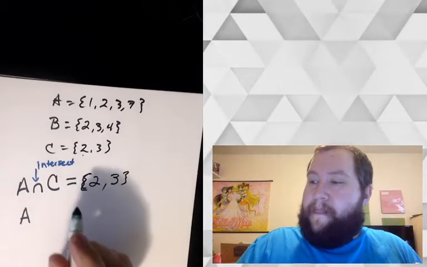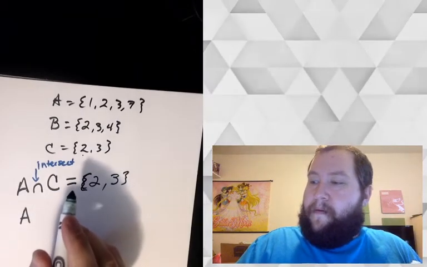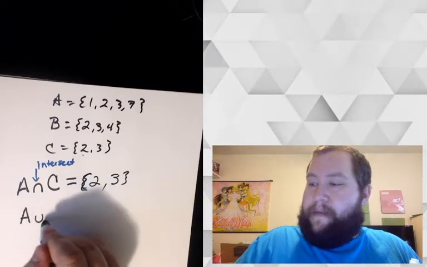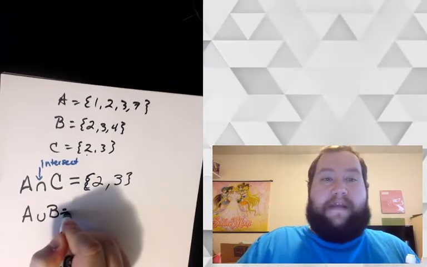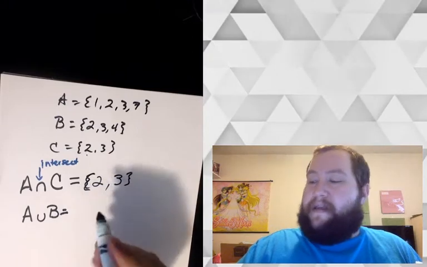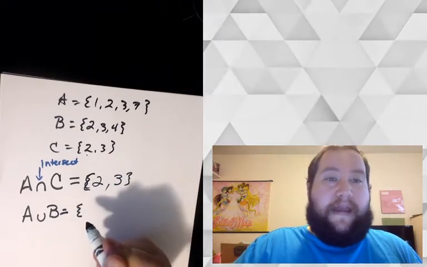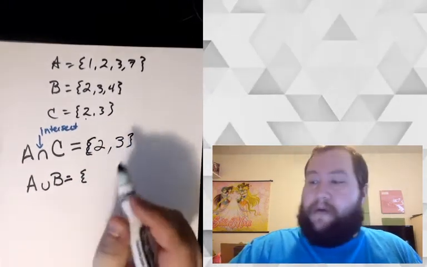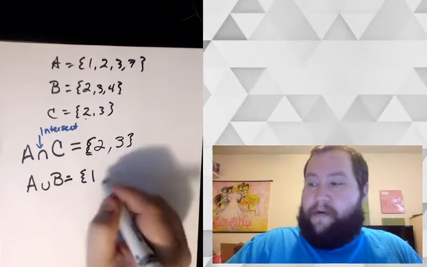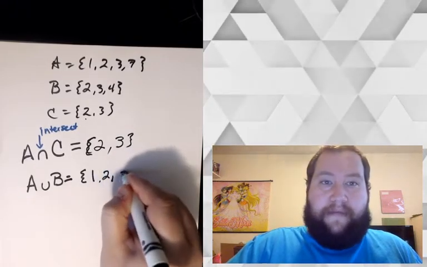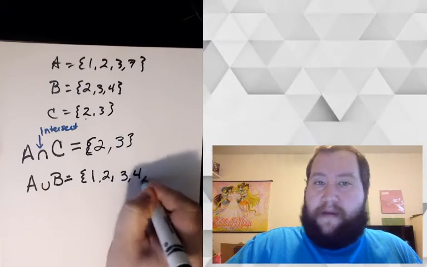A or B would be something that's in either one. It doesn't have to be in both. So for A or B, A has a 1, they both have a 2, they both have a 3, B has a 4, and A has a 7.